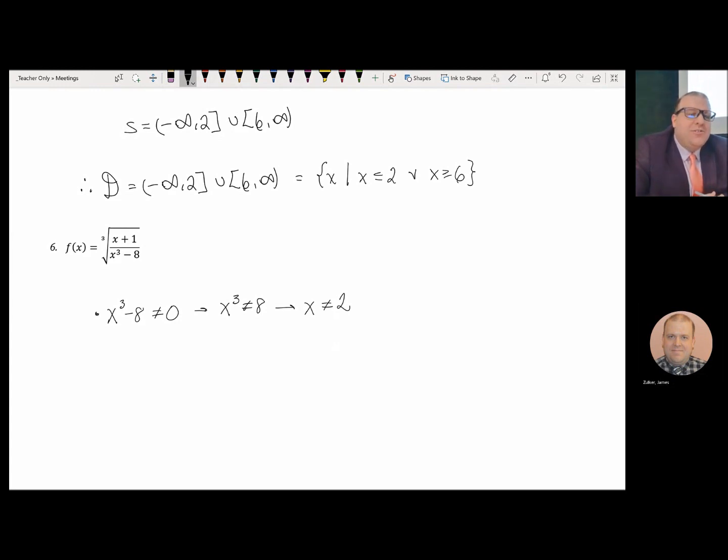Do we have a radical? What is the index? Odd. Is that even or odd? You're allowed to have negative numbers under an odd radical. So the only restriction is x cannot be 2.